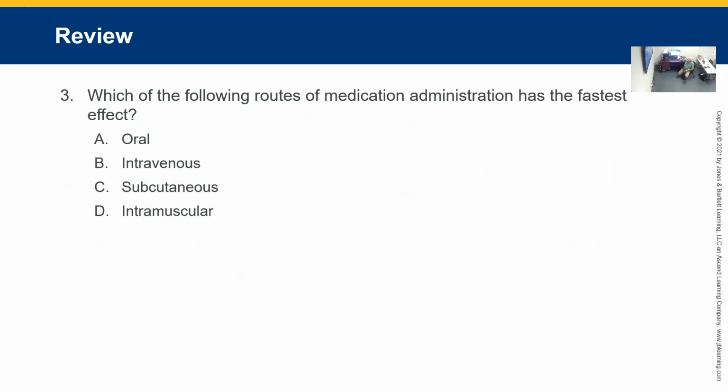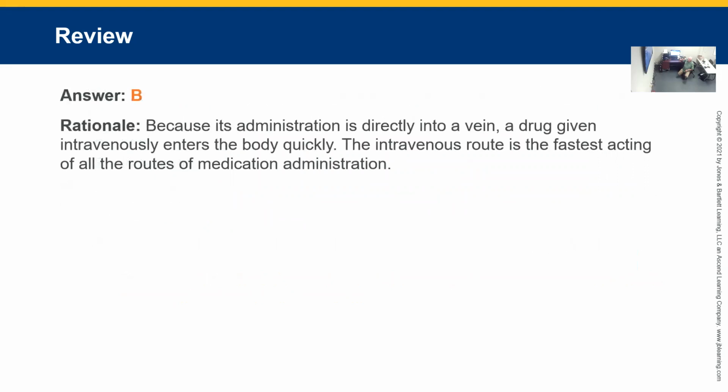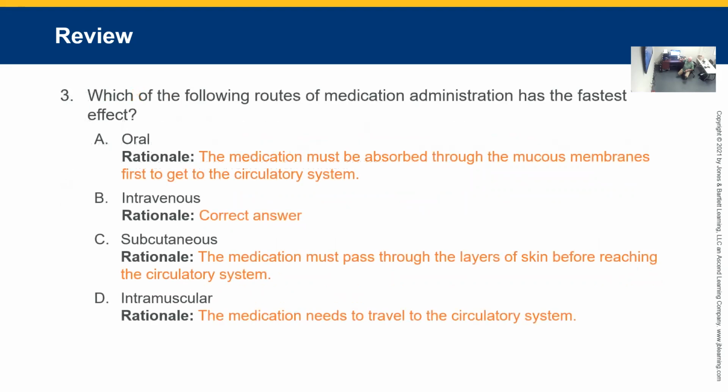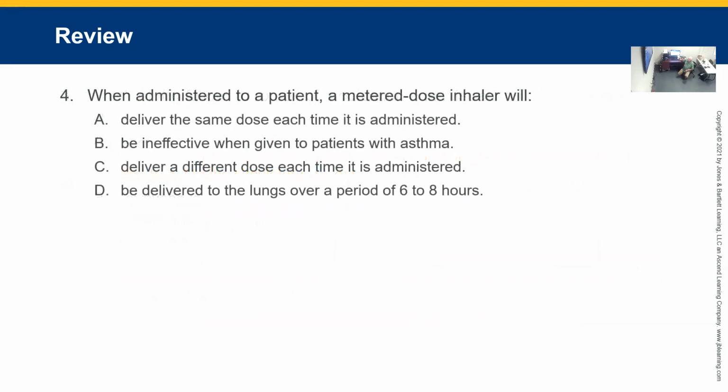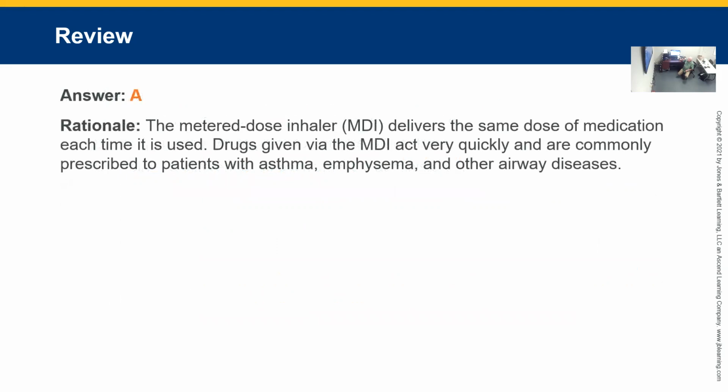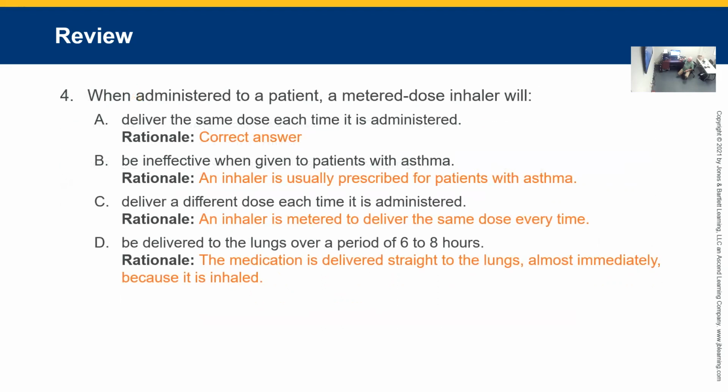We talked a little bit about this, so good question. So IV intravenous is always the quickest one. A metered dose inhaler delivers the same dose of medicine every time, exactly the way it's supposed to be.